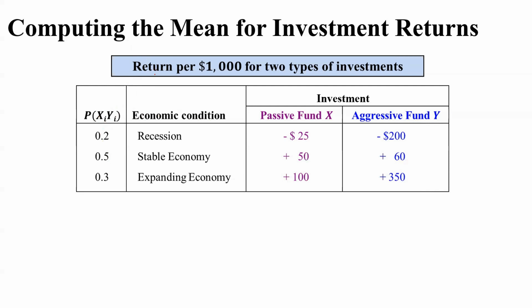We have a return per $1,000 for two types of investment plans. One is the passive fund, which we assume is X, and the other is the aggressive fund, which we assume is Y.